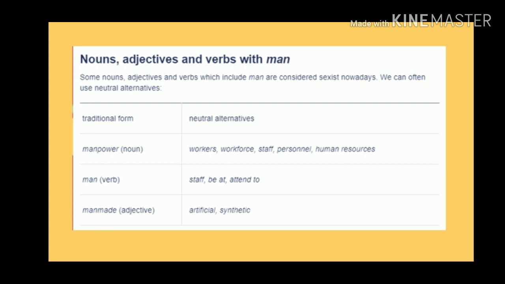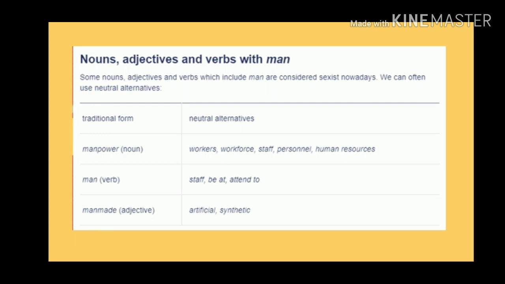We can use workers, workforce, staff, personnel, human resources, and so many others. And then we have the verb man. We can use neutral alternatives like staff, be at, attend to.